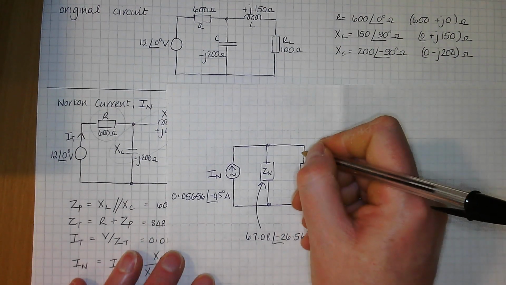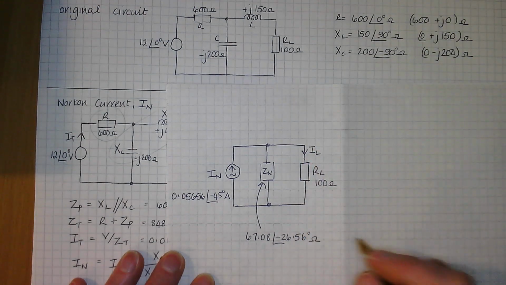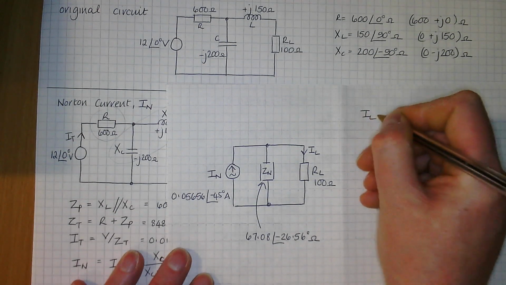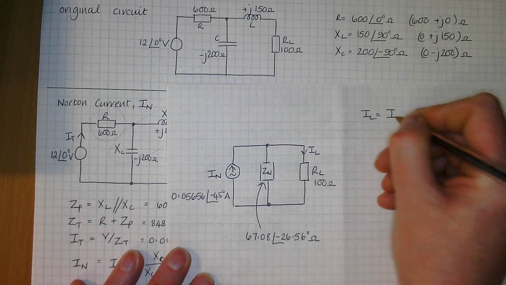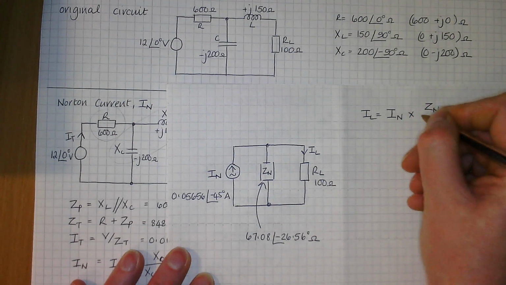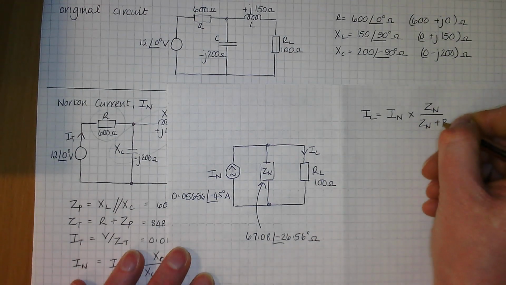And then if you want to get the current through there, or the voltage across there, we'll probably do a current divider. So to get the current through the load, you do a current divider on your I Norton times your Z Norton over your Z Norton plus your RL.